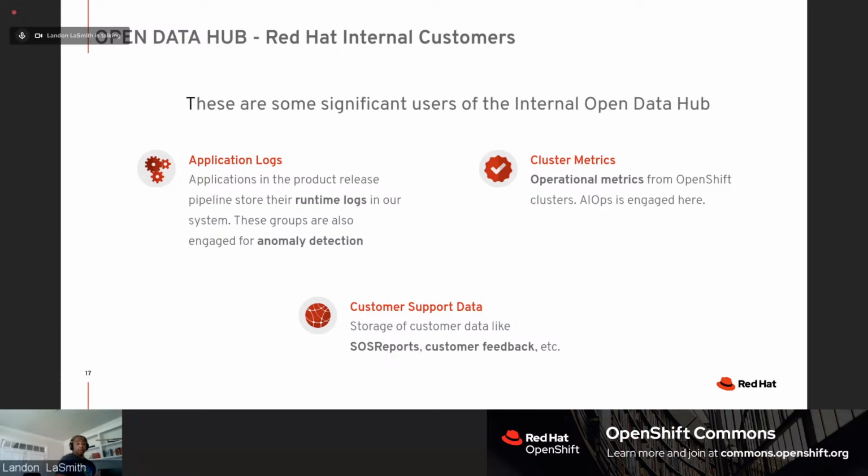So we provided the storage and Elasticsearch to interact with that data. And from that, we got a lot of customer use cases that helped to form the OpenDataHub. So a lot of the work internally, we transitioned to the OpenDataHub so that some of our experiences with this type of workflow can be utilized by the community as a whole.